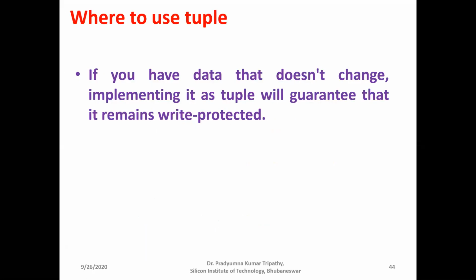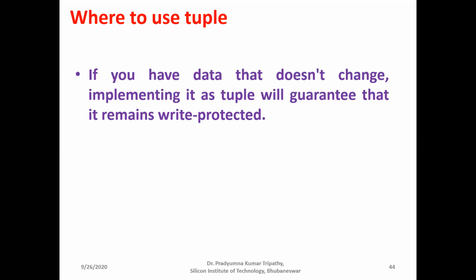Okay, now where to use this tuple? Because we know that we cannot alter the value of the tuple. So where to use it? It says that if you have data that doesn't change, implementing it as a tuple will guarantee that it remains write protected.